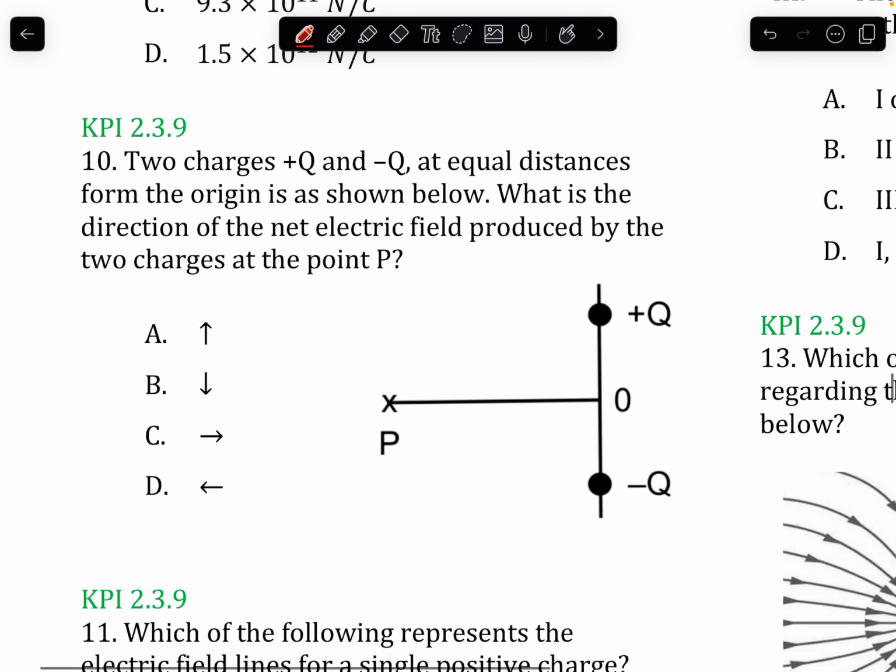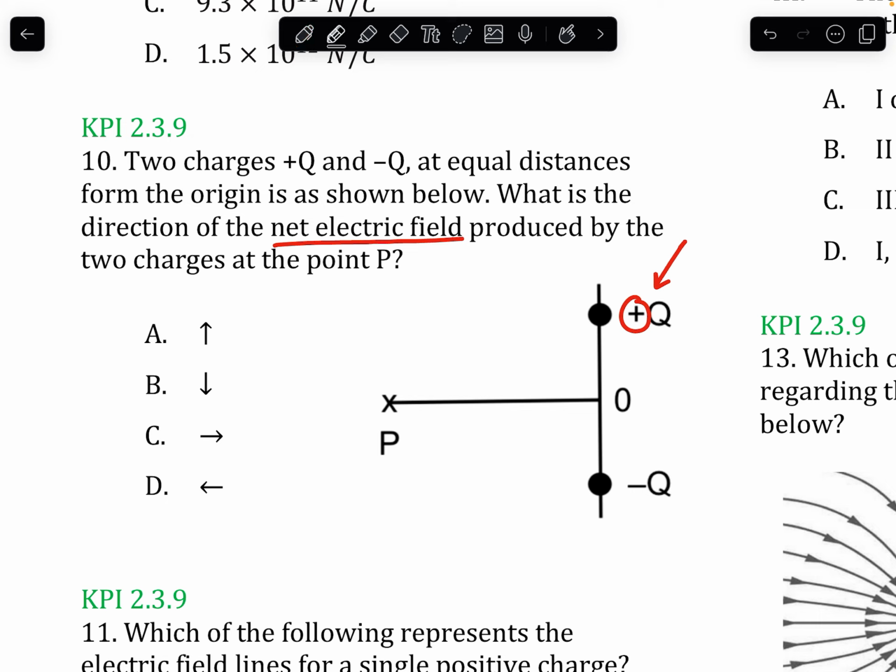Now, two charges, positive Q and negative Q, at equal distances from the origin as shown below. What is the direction of the net electric field produced by the two charges? So let me start with the first one. It's a positive charge, so it will produce an outward electric field.